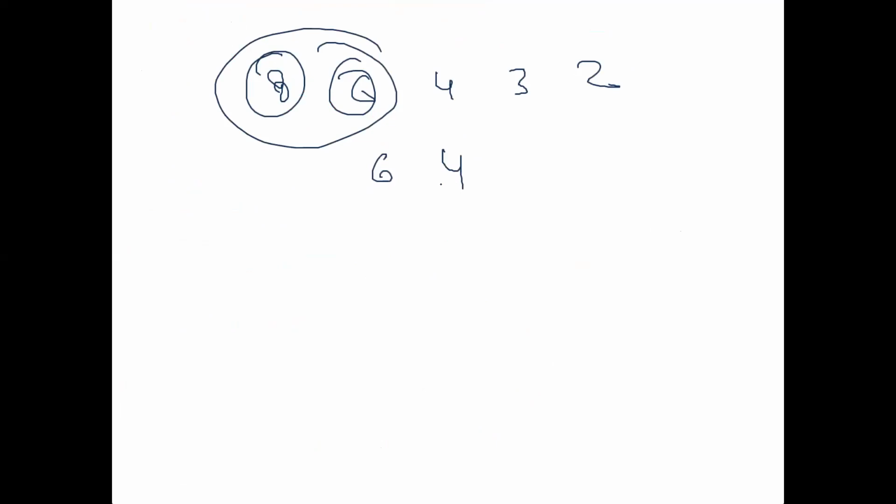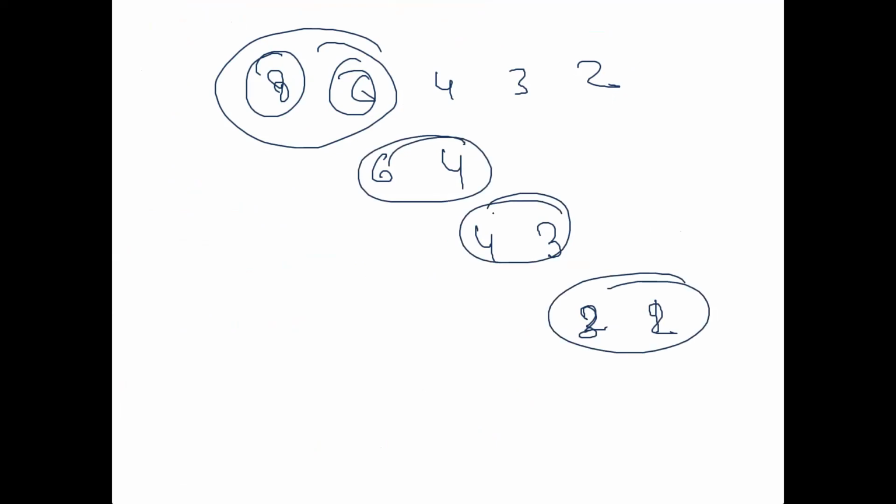If the elements are 5, 8, 6, 4, 3, 2, for example, first comparison, the next comparison 6, 4, the next comparison 4, 3, the next comparison 3, 2. So 5 elements, how many comparisons? 4 comparisons. 3 elements, how many comparisons? 2 comparisons. Correct? Right. So 5 elements, 4 comparisons. That is what I was saying there.